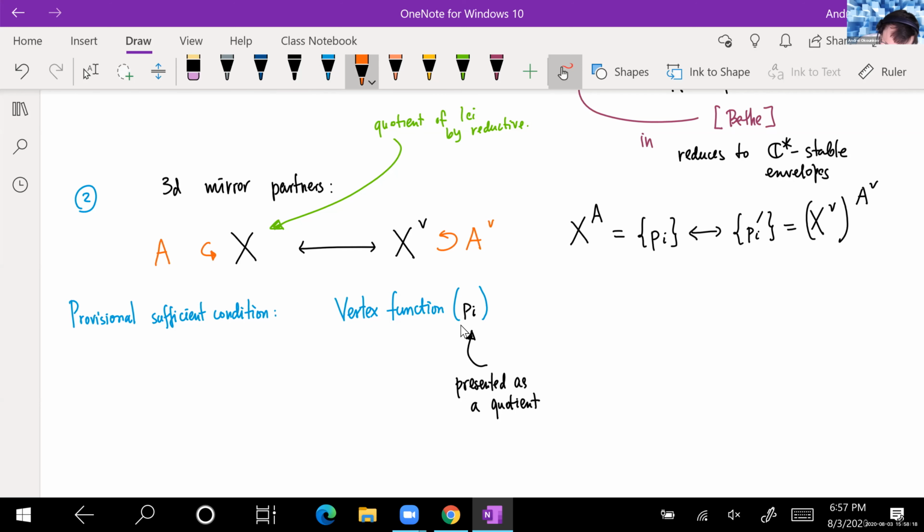Since it's a point, it has no action here, and so it depends only on this variable z, in that torus Z, and maybe another variable called h bar, which is the weight of the symplectic form.